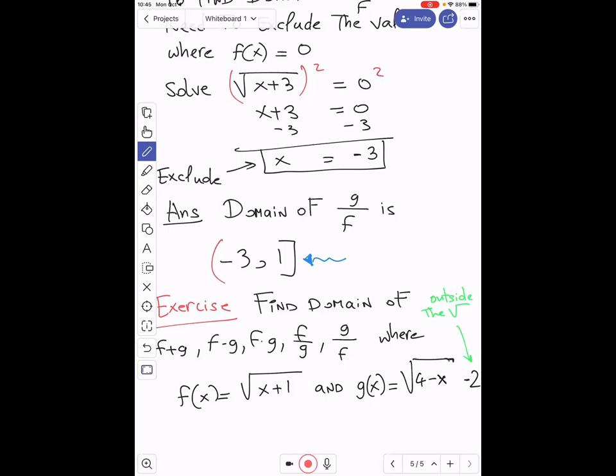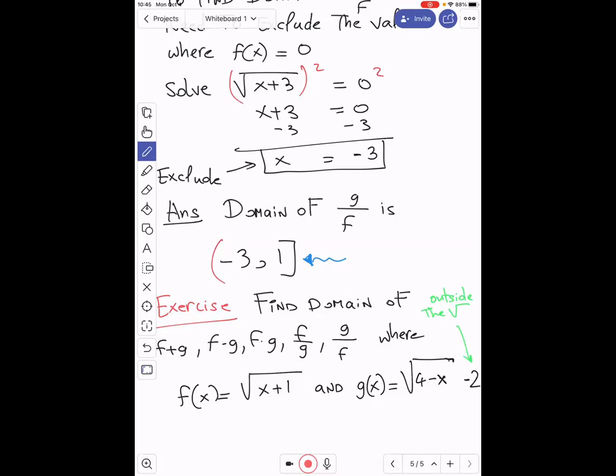So you're saying negative 1, 4. That's correct. For f plus g, f minus g, f times g, it's negative 1, 4, and the 4 is included.